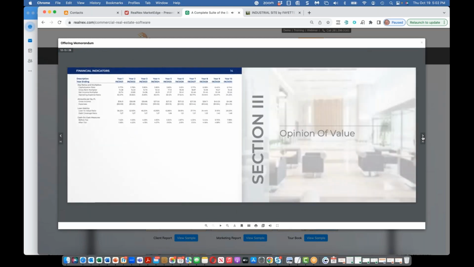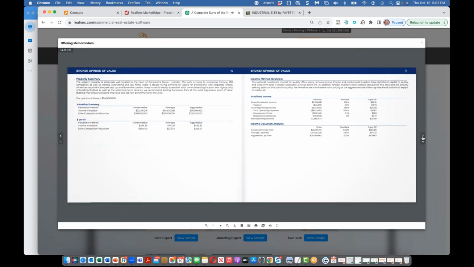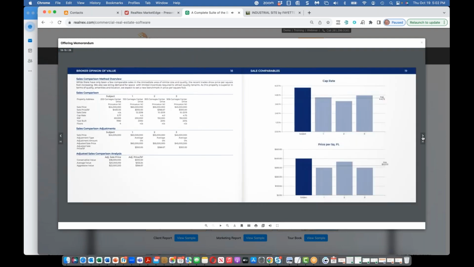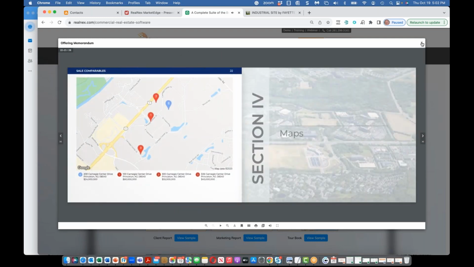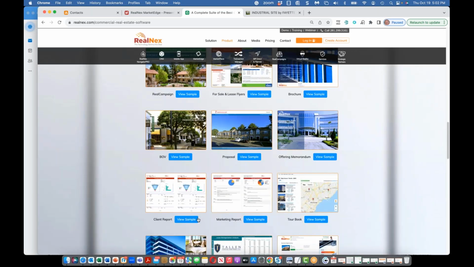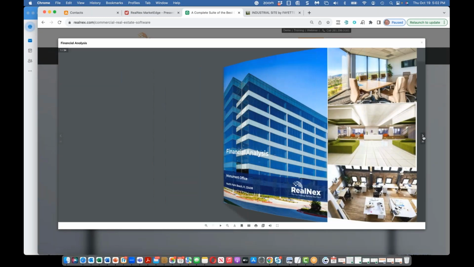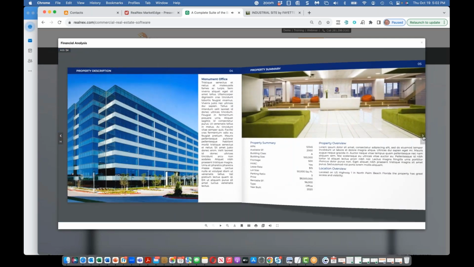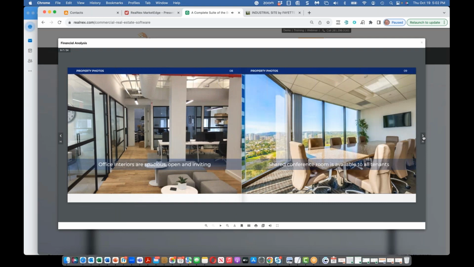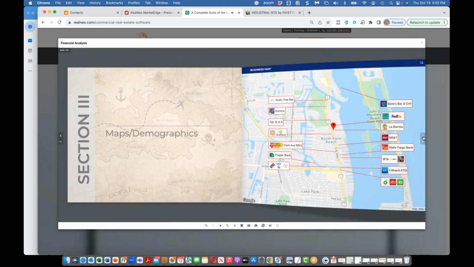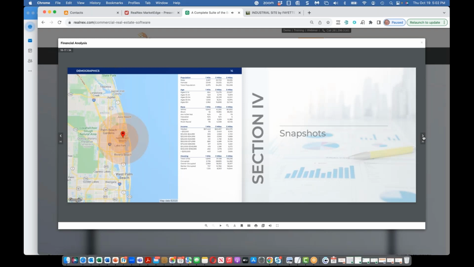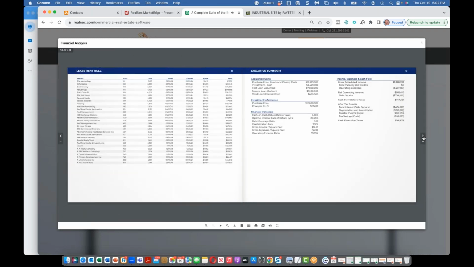So once you have the data in, you can output it in multiple different ways to win business and then sell property, or just use it as a financial analysis tool to help your client understand what they have and whether maybe they should sell, maybe they shouldn't, but to understand what's going on in the market and with the different tenants and the rollover of tenants, the expectation of leasing, the expectation of value currently or in the future.